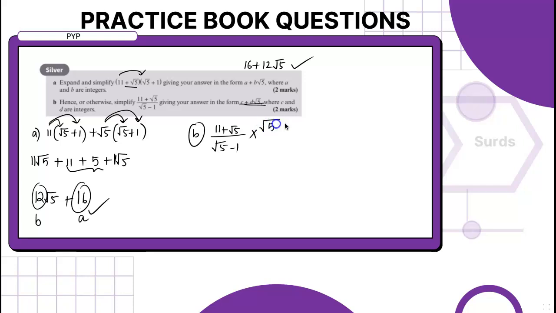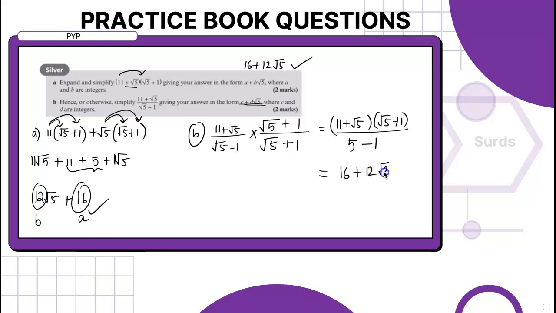So it would be root 5 plus 1 over the same thing, root 5 plus 1. The top we're going to get is 11 plus root 5 times root 5 plus 1, and the bottom is a difference of squares: root 5 squared is 5, and 1 squared is 1. The top we already simplified, that was 16 plus 12 root 5.